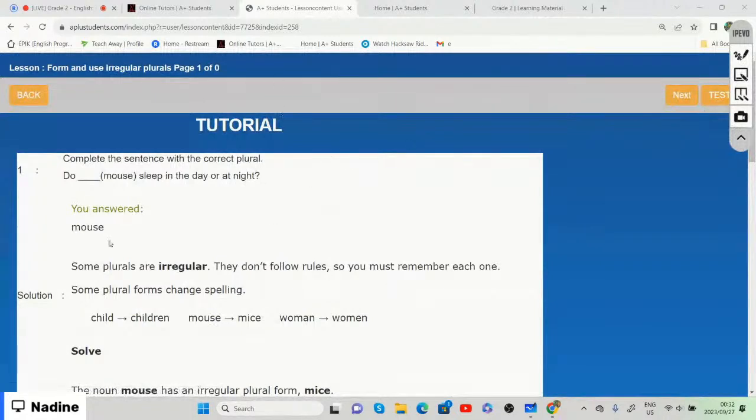All right. Look at this one word. Do mouse sleep in the day or at night? Mouse. We need to put the plural or make the word plural. Do mouse sleep in the day or at night?